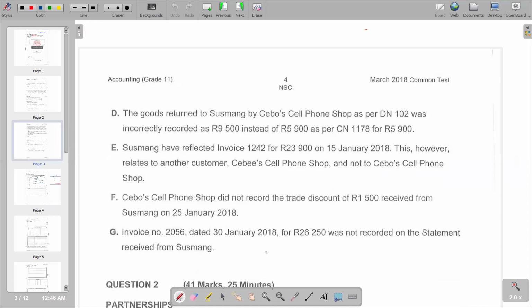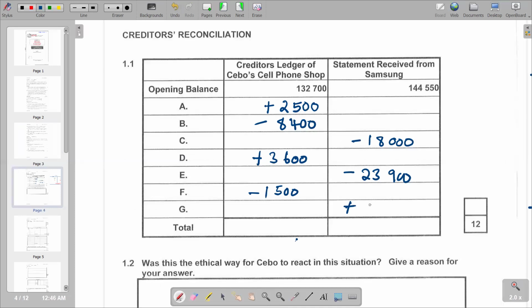An invoice is supposed to be a positive on the statement of account, but it was not recorded. So it's an omission. We need to record it as a positive, as a plus. So plus 26,250 in the column of the statement. So we have the adjustments that we have.